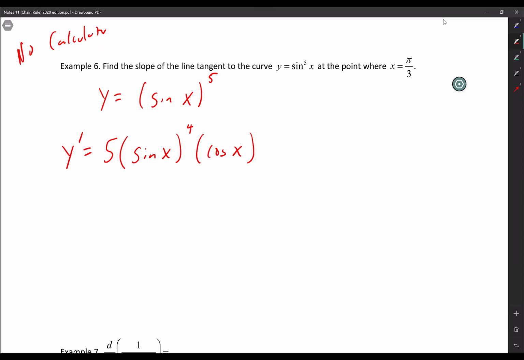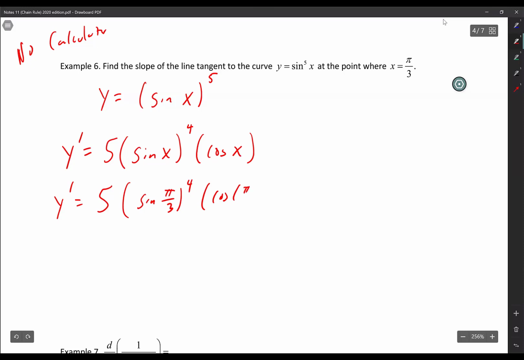Next, I'm going to plug in pi over 3 because that's what I want to know. 5 sine to the fourth of pi over 3 times cosine of pi over 3. Maybe I didn't have to do this because I think you guys are smart enough to know. What is sine of pi over 3? Is it a half?